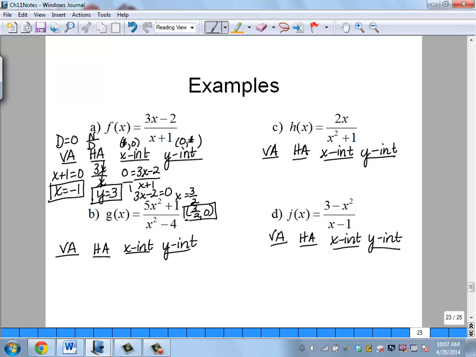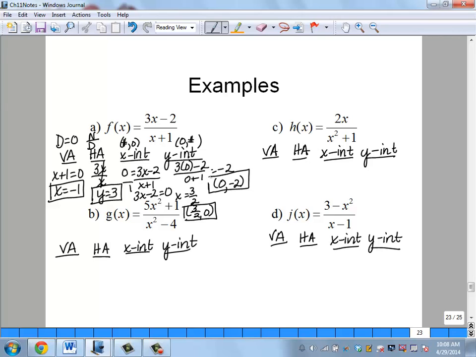Okay? The y-intercept is when I have zeros in for x's, so I have 3 times 0 minus 2 over 0 plus 1, and so it's -2, so the y-intercept is (0, -2). So now this one had all 4. We found them all, right? Now if you want to stop this and practice the next 3 and then come back and I will show you how to do this, or you can follow along with me, okay?